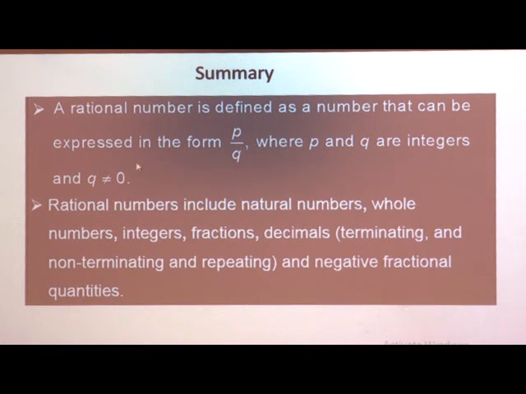What are P and Q? They are integers. It may be a positive integer or it may be a negative integer. So, a rational number is defined as a number that can be expressed in the form of P upon Q, you can say P by Q, where Q is not equal to 0.